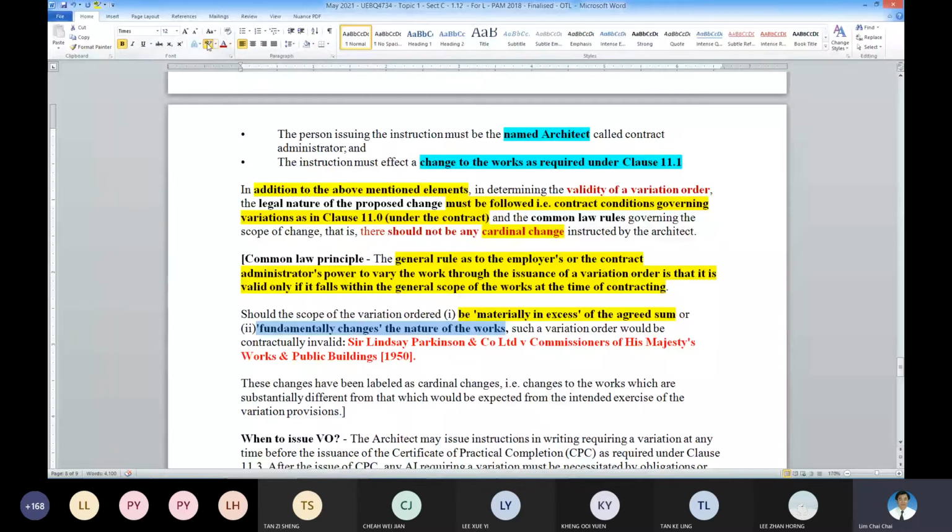But another one under this case law gives you another meaning of a cardinal change. That means the agreed contract sum is, let's say, 1 million, and now a VO is issued to 20 million. So this is material in excess of the agreed sum, also considered as cardinal change. If it's a cardinal change, it is contractually invalid.